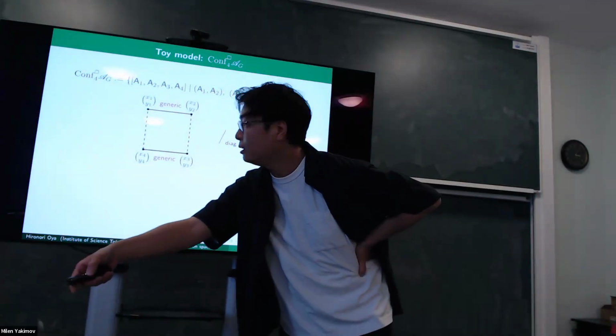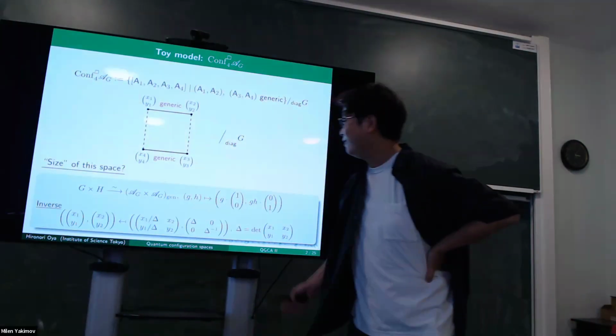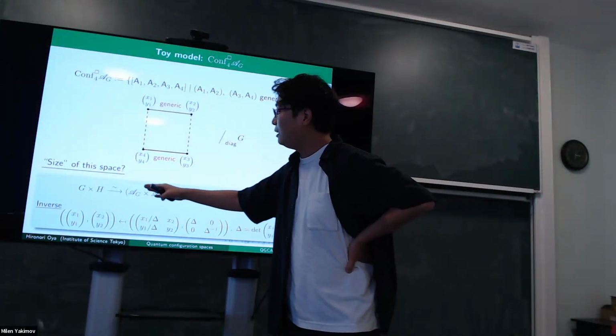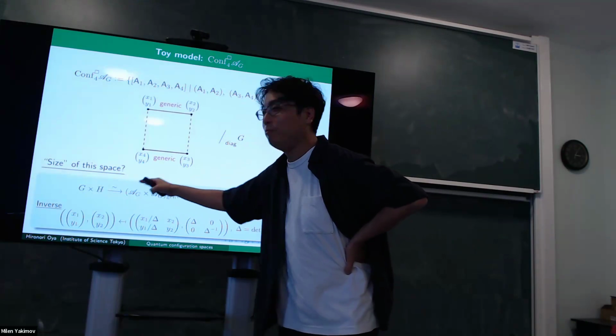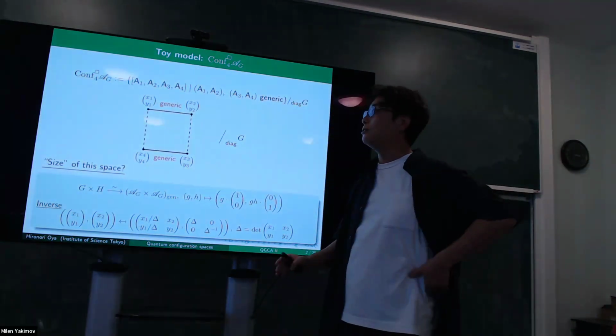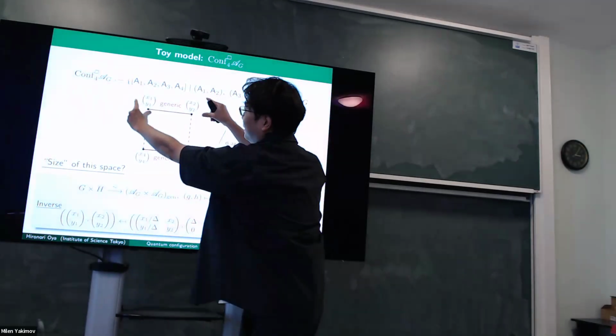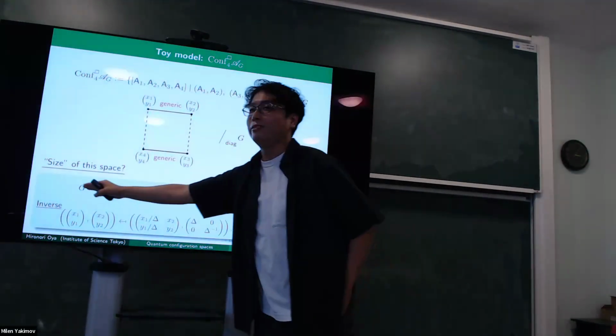Yes. Sorry, yes, it's true. So this is the meaning of generic, and here we consider the pair of generic decorated flags. So we pick out this part, and then this part is isomorphic to this.